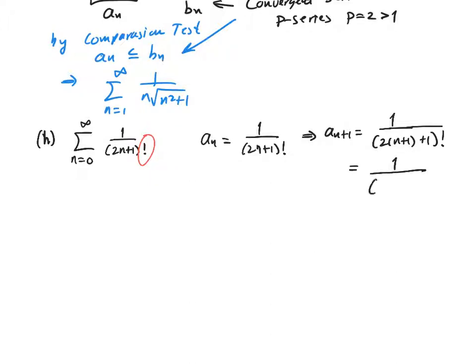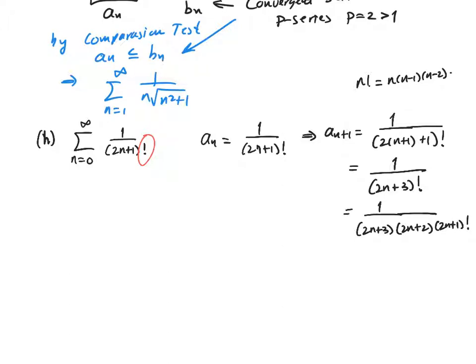This is 1 over (2n plus 3) factorial, which reduces to 1 over (2n plus 3) times (2n plus 2) times (2n plus 1) factorial. Remember that n factorial by definition is n times n minus 1, n minus 2, and so forth until you get to 2 times 1.